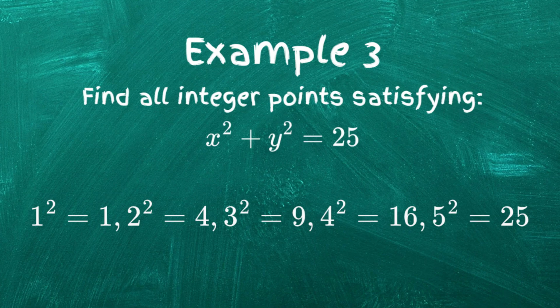So for the final answer, we have 8 integer points. These are the only lattice points on the circle of radius 5. This example beautifully shows how the simple structure x squared plus y squared connects geometry, algebra, and number theory all in one topic.